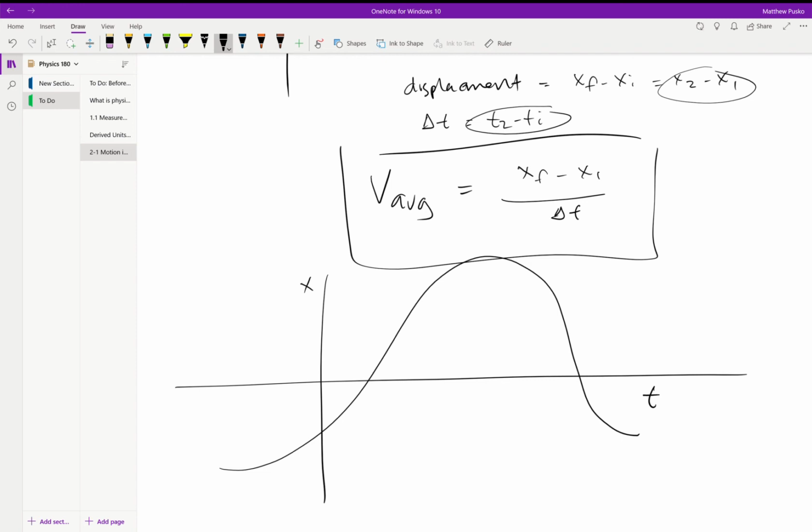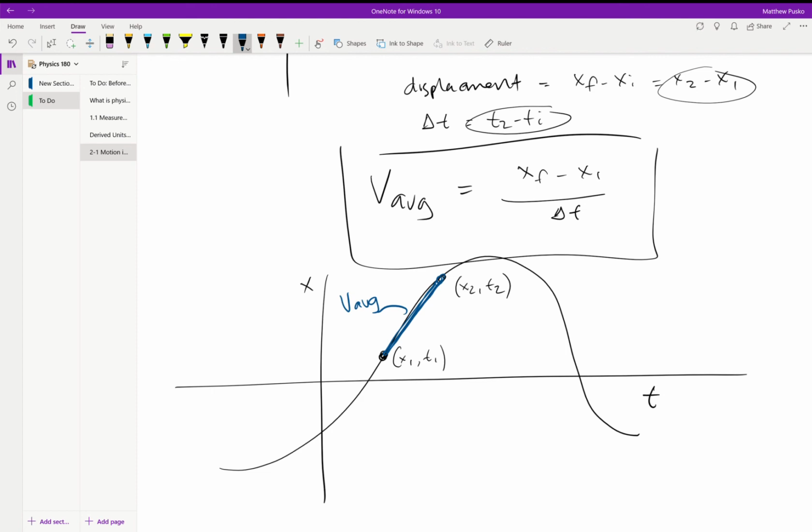If I know a position here at x1 comma t1 and some other position here at x2 comma t2, I can take a straight line between those, and this is our average velocity.